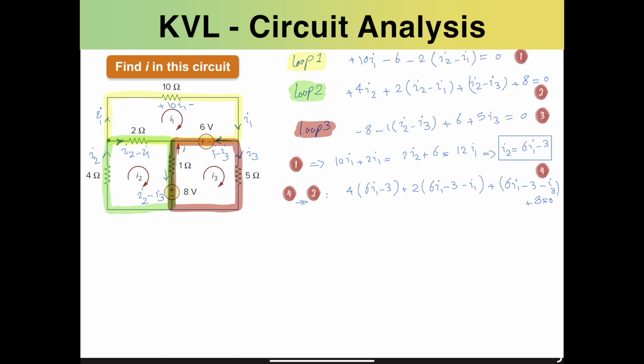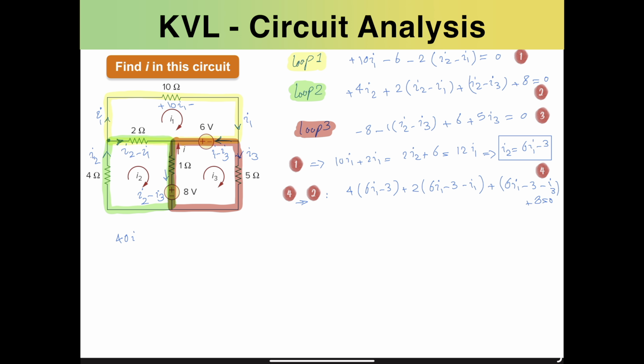We would have all of the I1s: 24I1 plus 12I1 plus 6I1, and also minus 2I1. So let's consider them. 24 plus 10, it would be 34, plus 4, it would be 40.